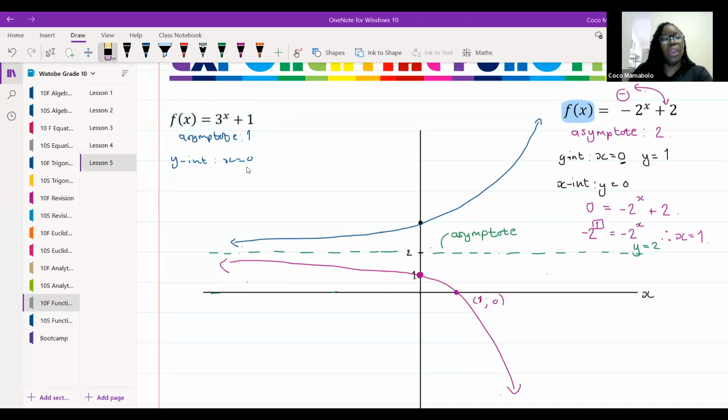No. What we're doing now, Karabo, is they are giving us the equation and we are drawing it. They give us the equation and we have to sketch it. In next week's lessons, we will be learning about when they give us the graph and we have to give them the equation. Okay.